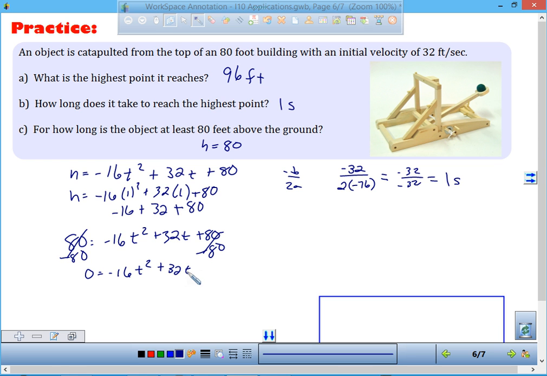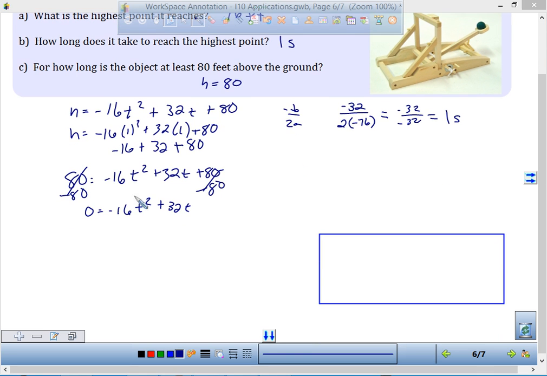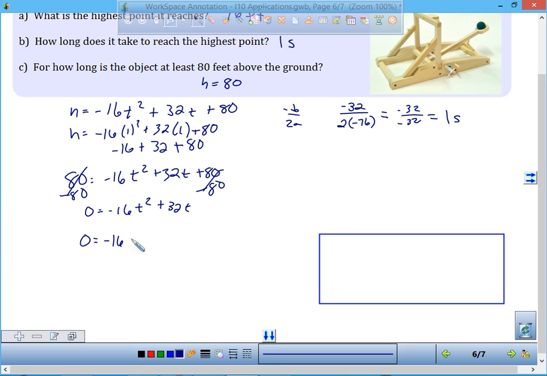Then I factor, find GCF. Okay, GCF is going to be negative 16, so I have negative 16t. I can take a t out of both of them as well. Now, all I have left is t minus 2. Okay, and then I set both of them equal to 0.